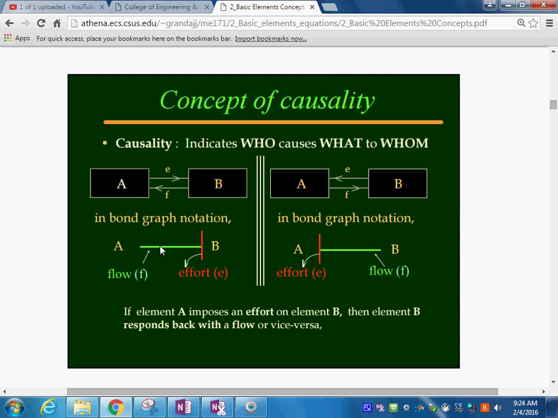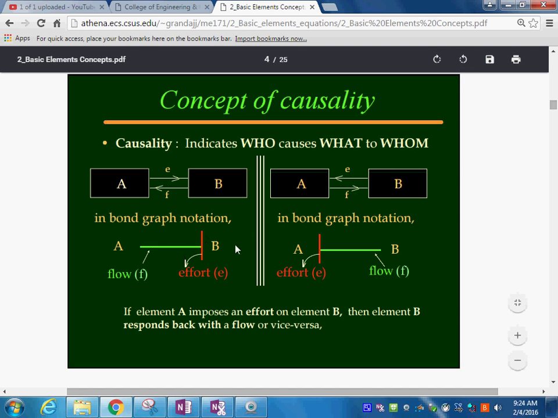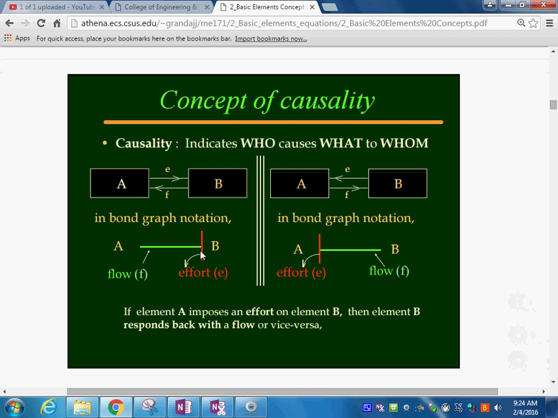The crossbar is going to indicate to us the way the effort is going. In this case, A pushes on B, as if you hold A by the horizontal line and push it towards B as if it were a piston.